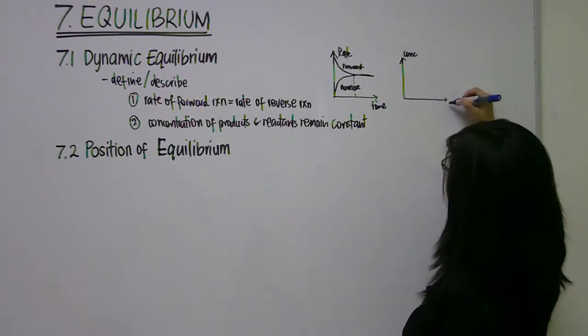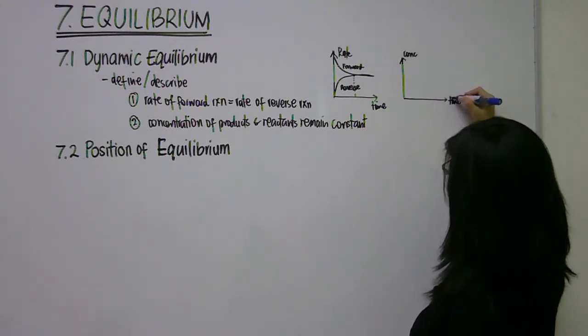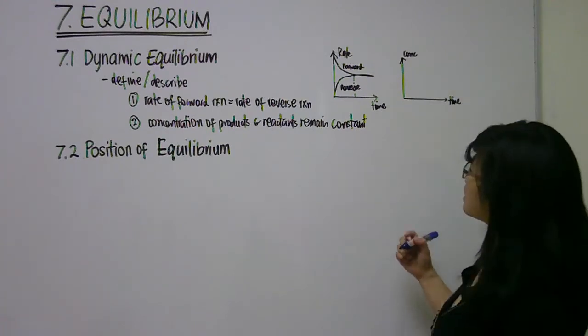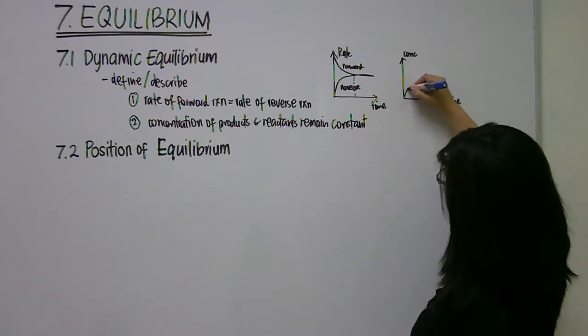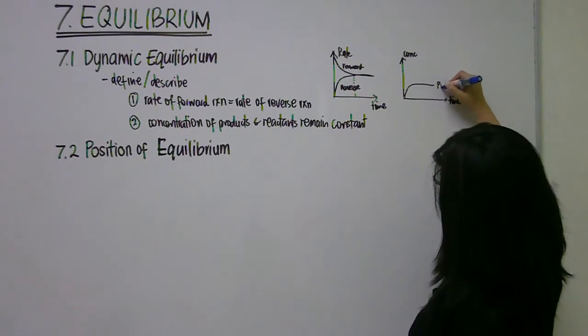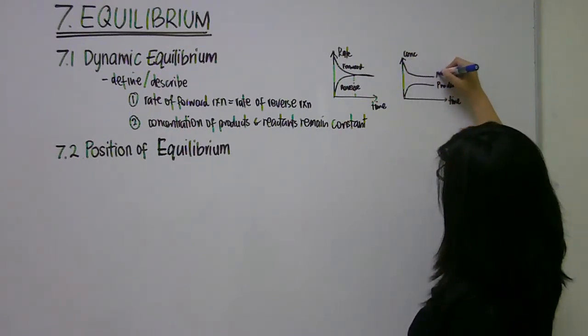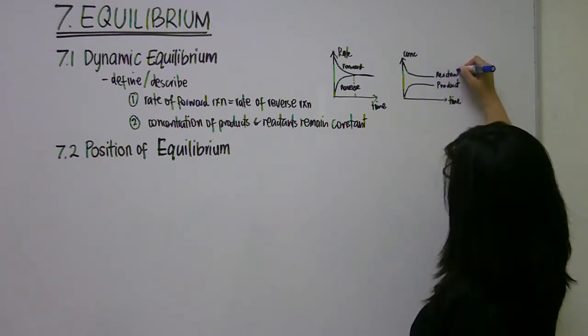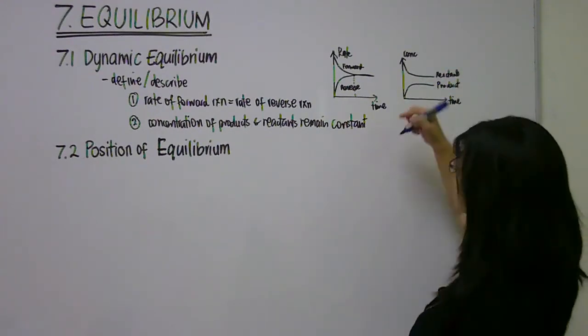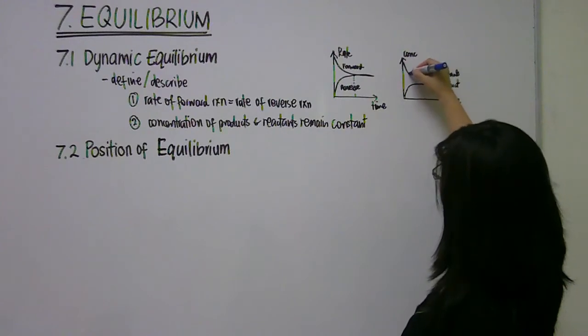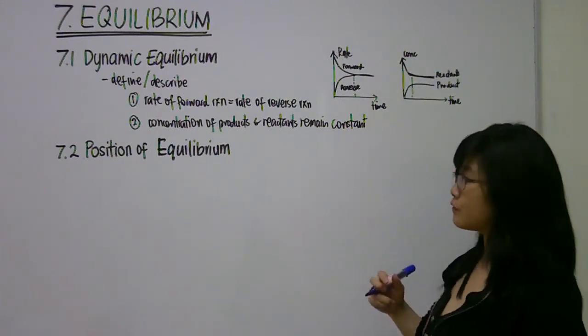But say you're plotting your concentration against time. Okay, if this is your product and this is your reactant, the graph can look like that. So when the line becomes horizontal, you know that equilibrium has been achieved, okay?